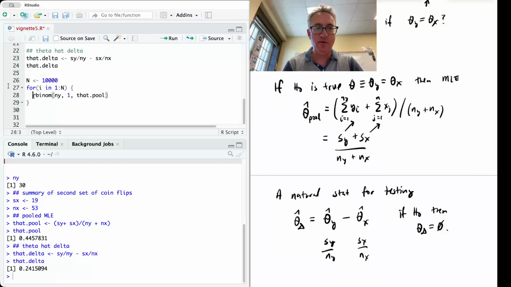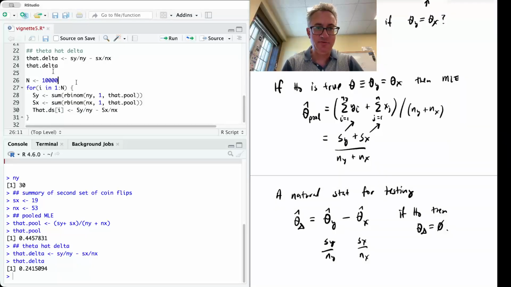And then I'm going to sum up those numbers of heads, and that is going to give me SY values from the population. And then I'm going to do the same thing for X's, but I'm going to do NX of them. And then I'm going to take their difference. And that is going to be my theta hat deltas that I save.